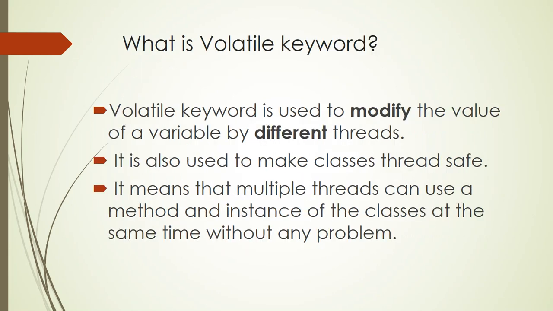What is the volatile keyword? This is related to threads. The volatile keyword is used to modify the value of a variable by different threads. In case of multi-threading, if sharing is going on, like for a counter, most of the time we use the volatile keyword for the counter. So for count plus plus, we make that volatile so that for each thread it will be the same.